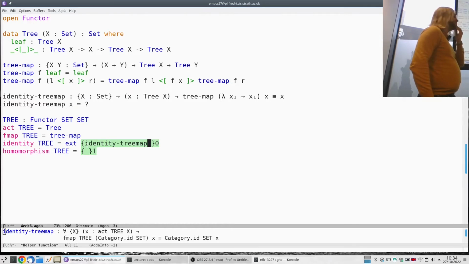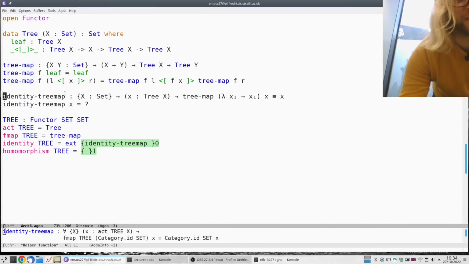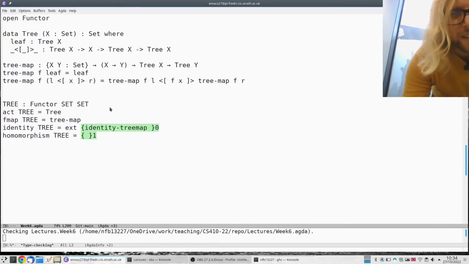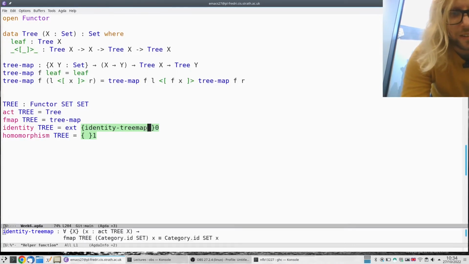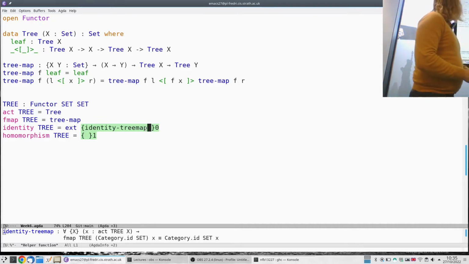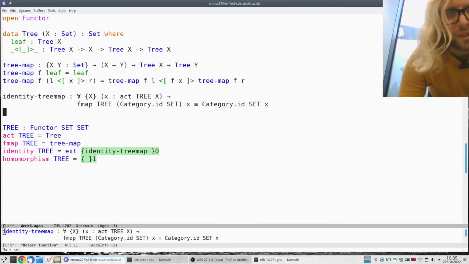This identity tree map, even if you got rid of the identity tree map. I haven't loaded this file yet, so that doesn't exist. So what we're saying is, I wish there was a thing that did this, called identity tree map. What would I have to make for that to be sensible? And it comes up with this. Just copy that.